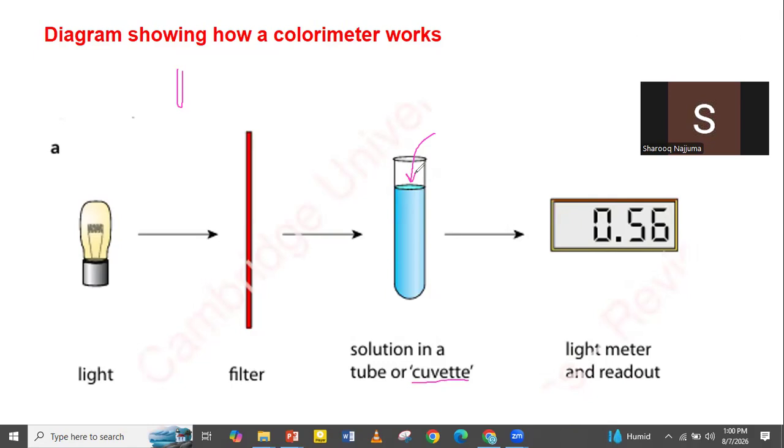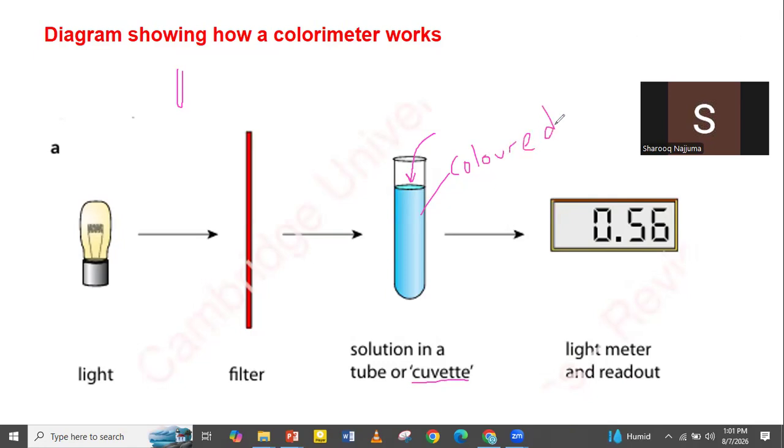The calorimeter has lights. It has a bulb that produces light. So when the bulb produces light, that light is made to pass through the solution. And as the light passes through the solution, now because this solution is colored, remember, colored substances usually absorb light.